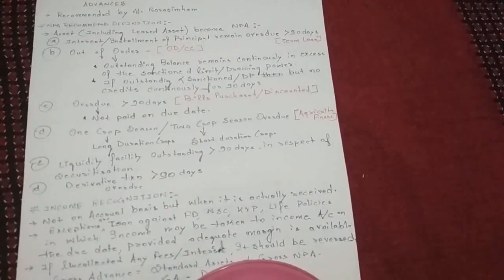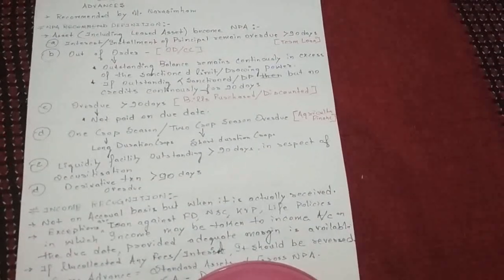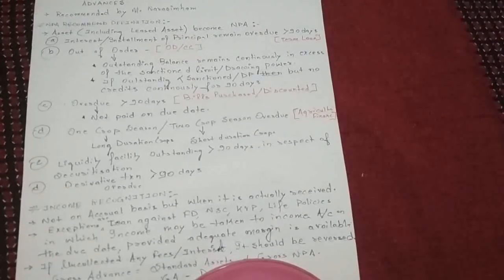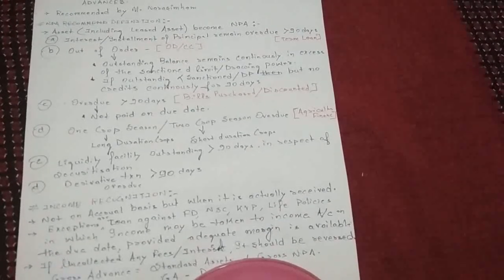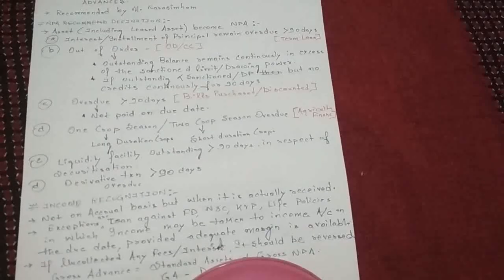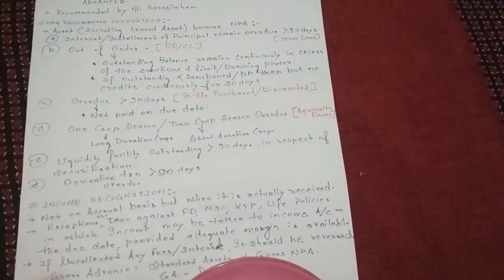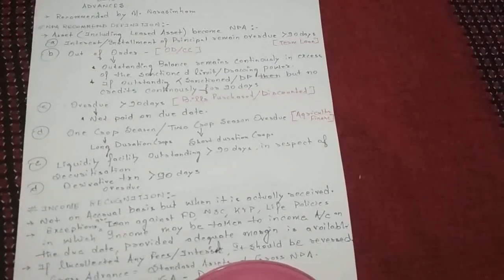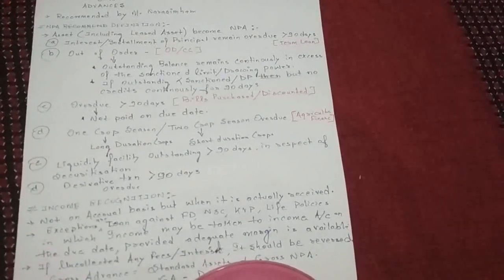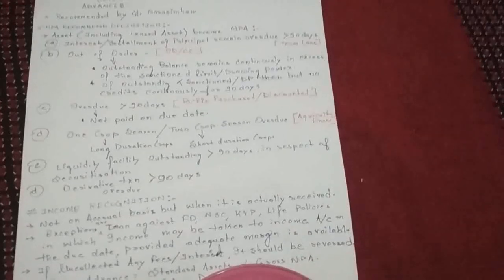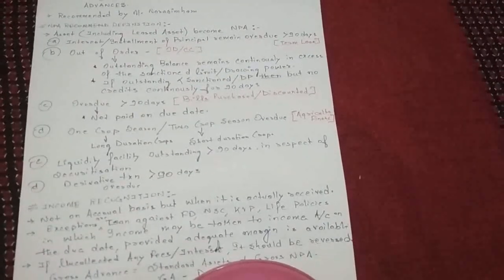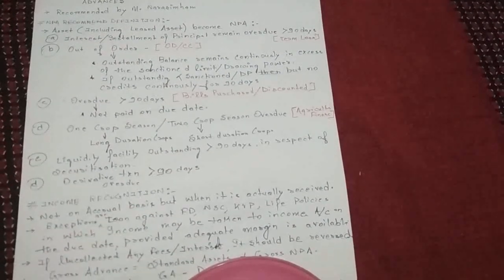In this case, if the overdue becomes more than 90 days, then it becomes a non-performing asset. Let's say the date of payment of the bill is 20th of March, but the person ducked the payment and the bill remained unpaid for the next 90 days, then it becomes an NPA.